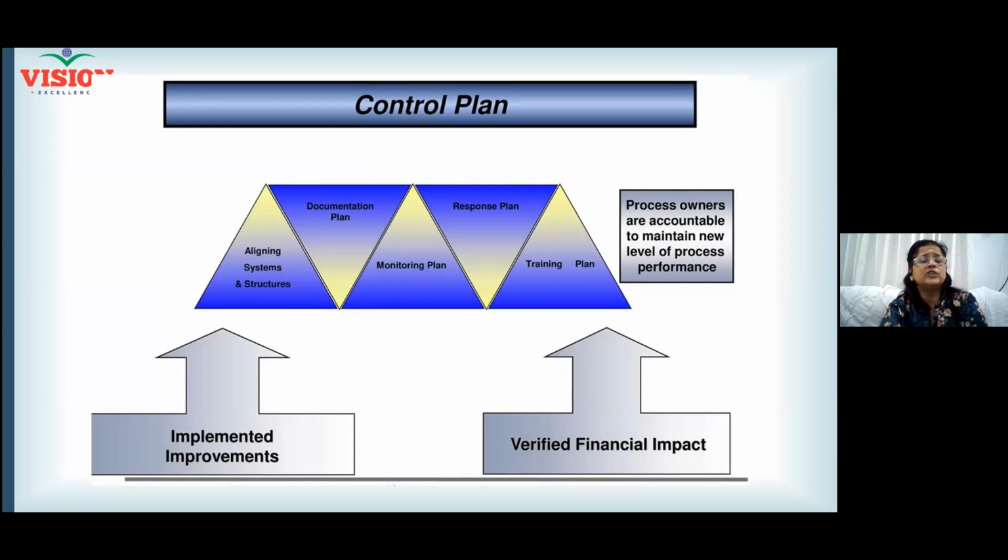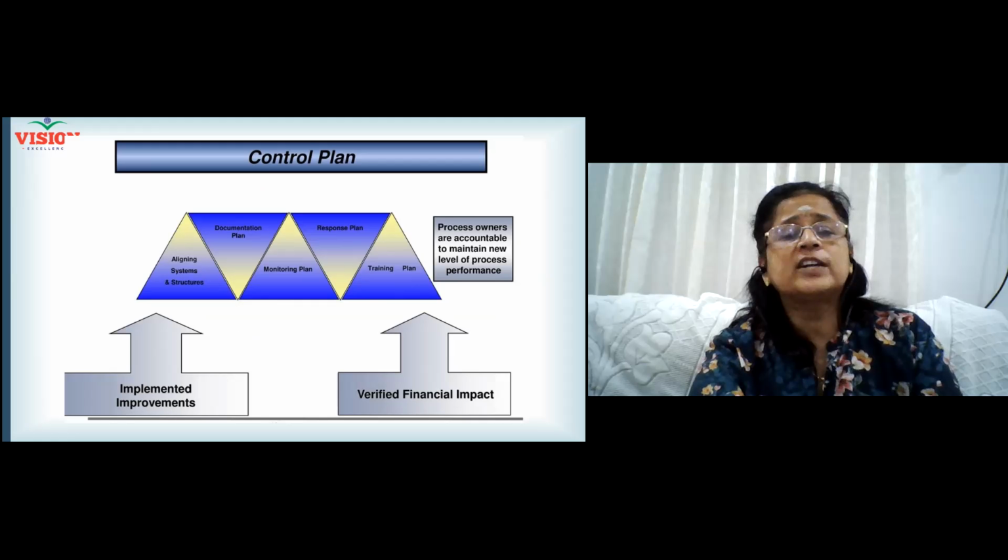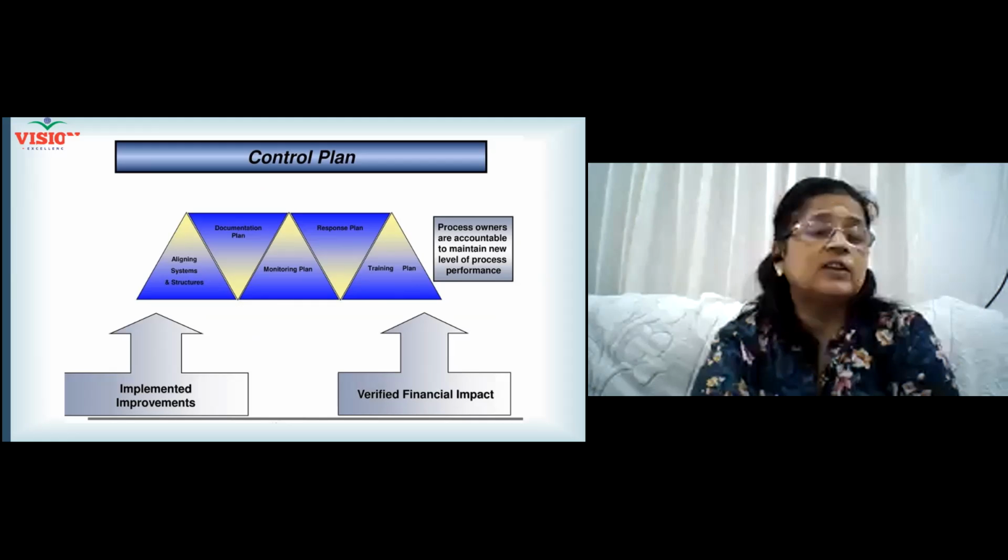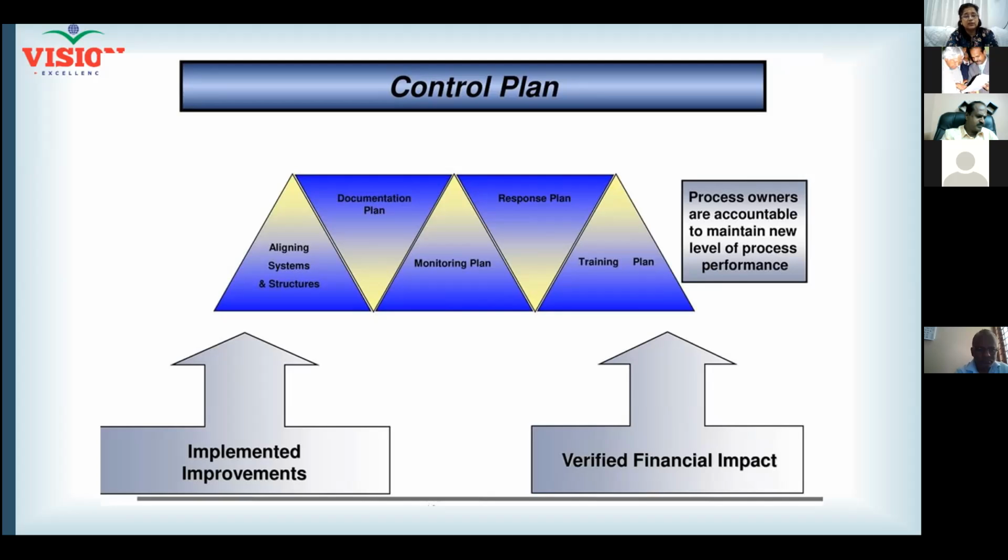So how do you align your systems and structures to support the improvement process, and how it is documented is done in the documentation plan, so that who, when, where, why, and how this is going to be done through proper work instructions, standard procedures, the new process flow chart, where the control points are, what the control specifications are, and what is customer specific. Everything should look like a storyboarding, and that is kept in the documentation plan for our reference.